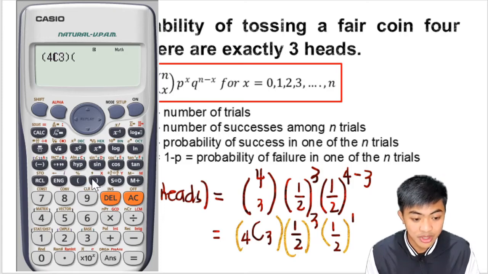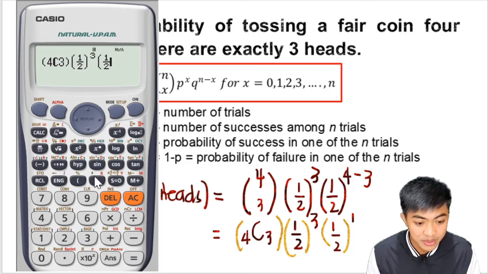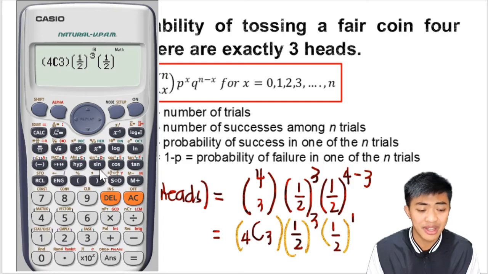And then, of course, we have there a fraction, which is 1/2 raised to 3. And another fraction, which is 1/2 raised to 1. Kung yung exponent ay 1, it doesn't really affect anything.